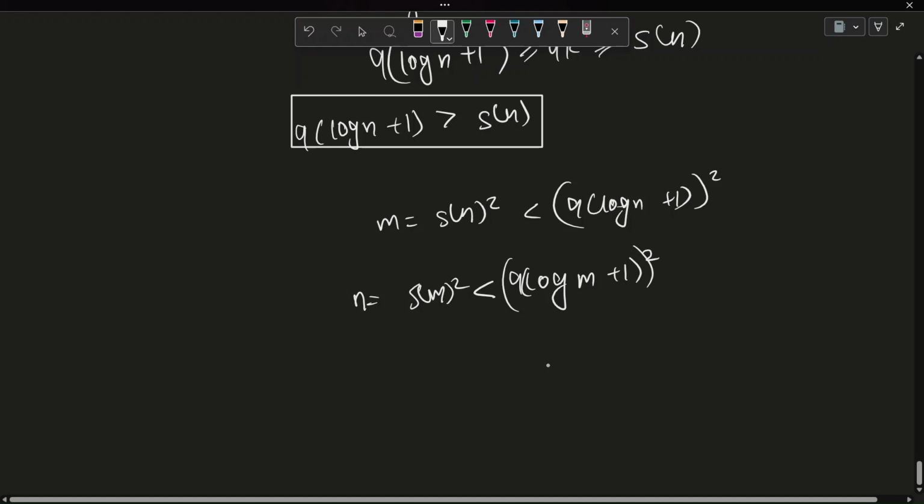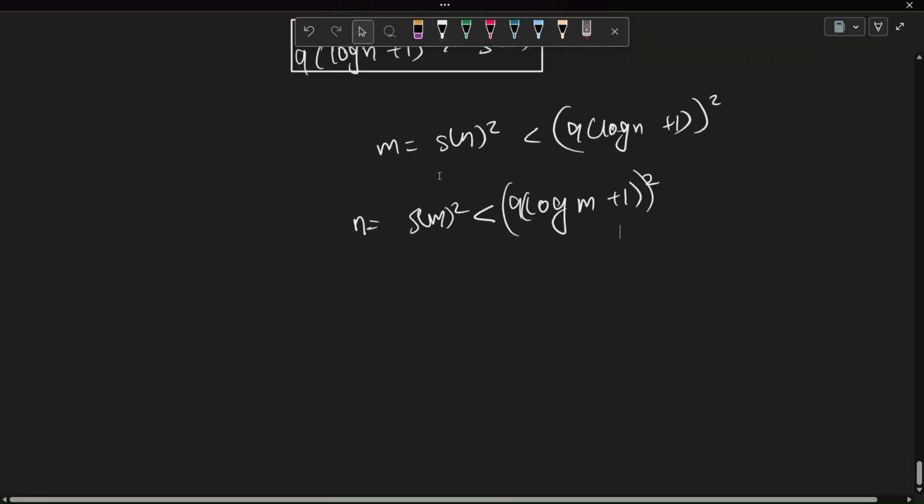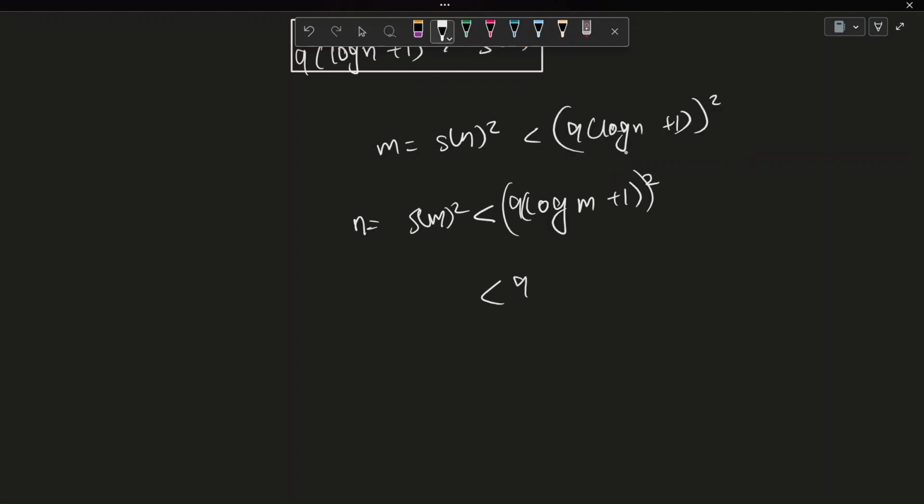And notice that we can write that m is less than this whole thing. So basically substituting, less than 9 times log of 9 times log of n plus 1 the whole square plus 1 the whole square.